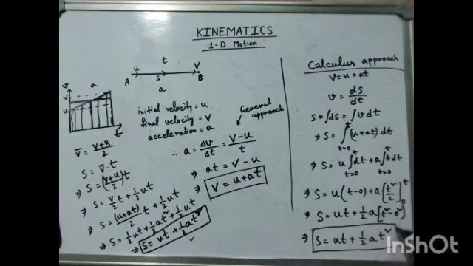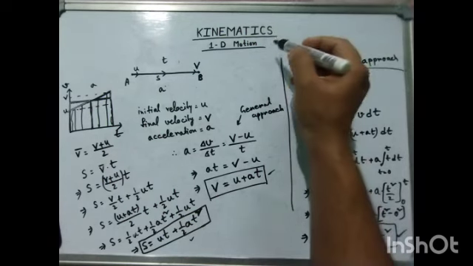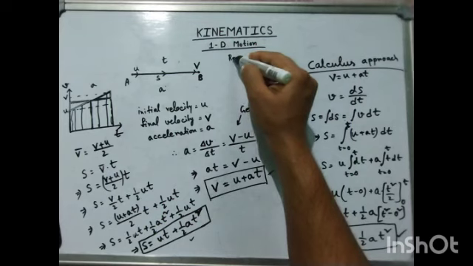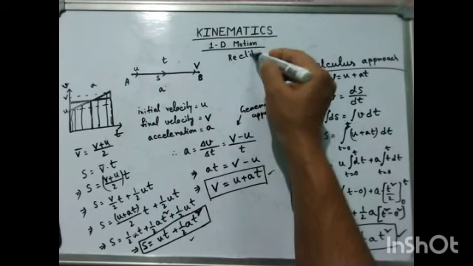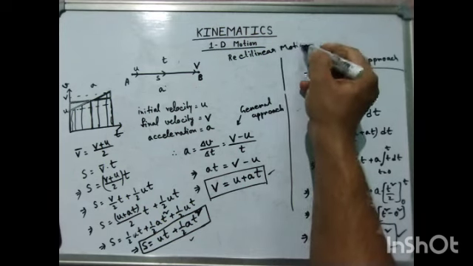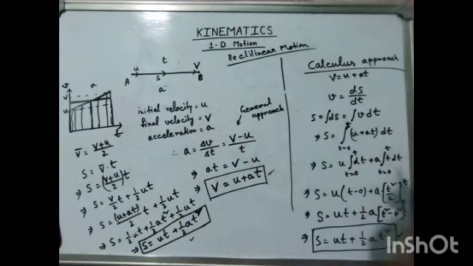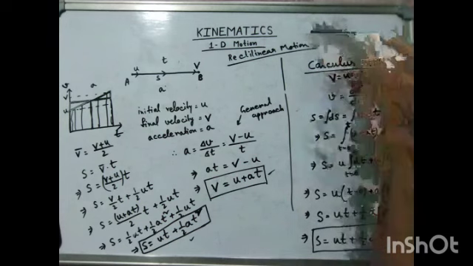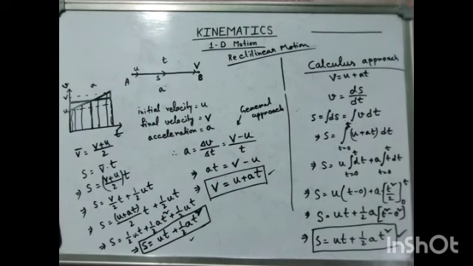So we need to remember these two formulas: v equal to u plus at and s equal to ut plus half at square, in case of one dimensional motion, also called rectilinear motion. This motion is confined in a straight line.